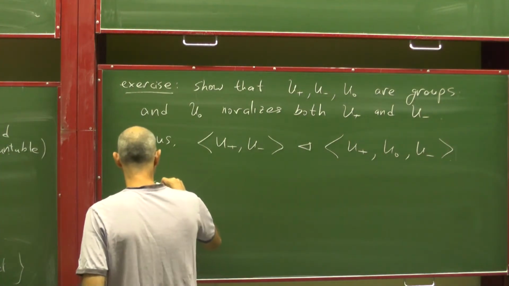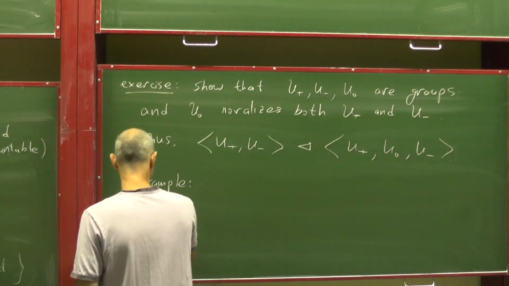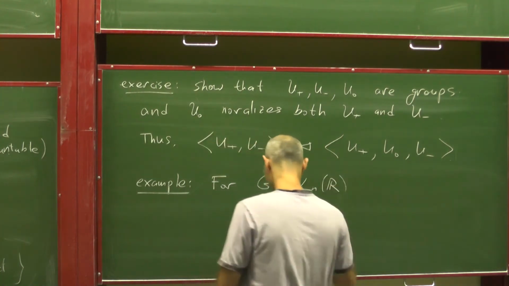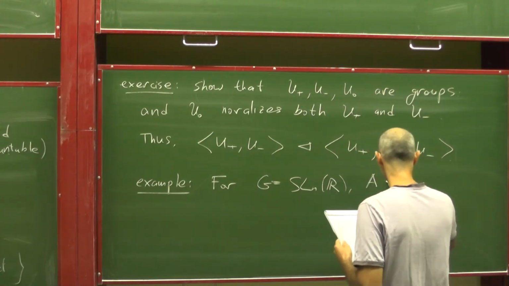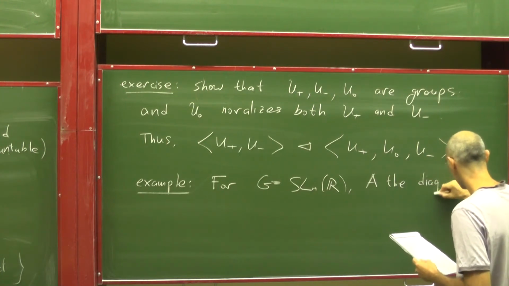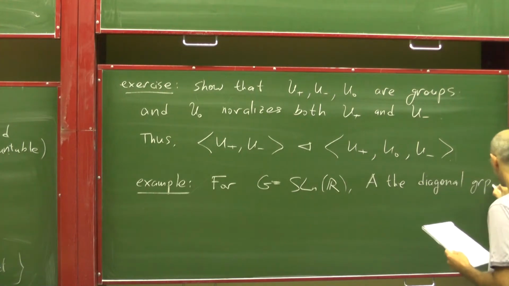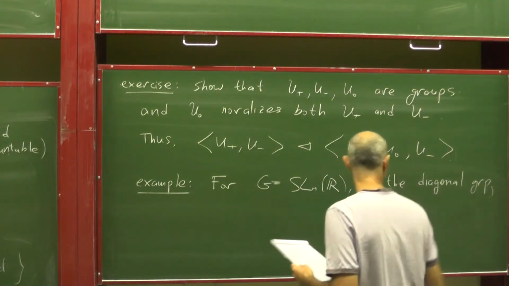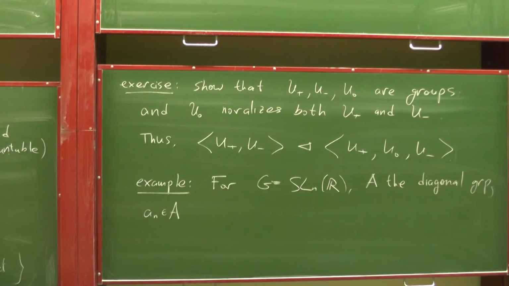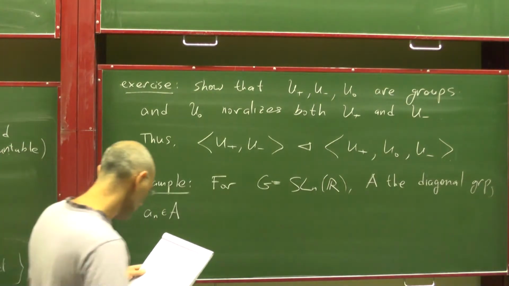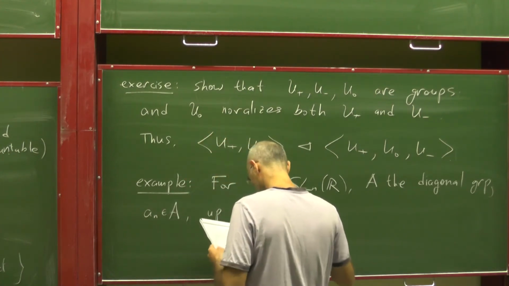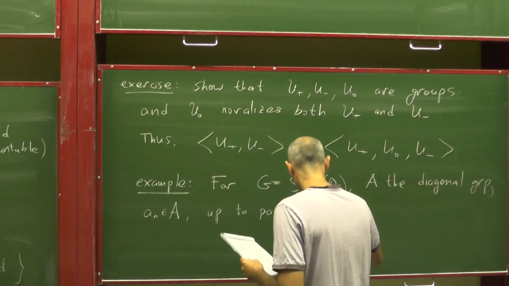Example: take G to be SLn(R), A to be the diagonal group, and An not just any sequence in G, but a sequence in A. This is very important here. Then, up to passing to a subsequence.